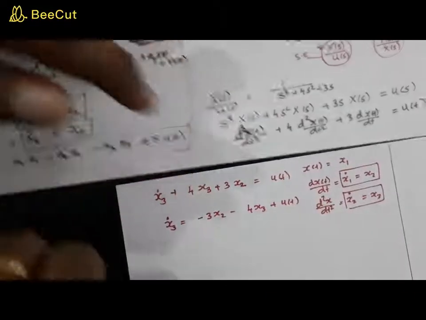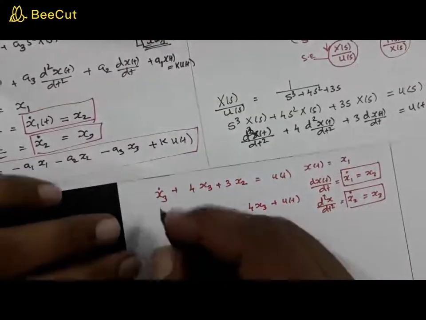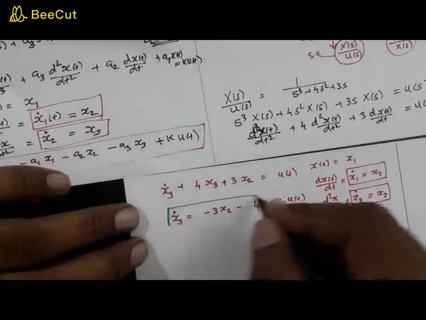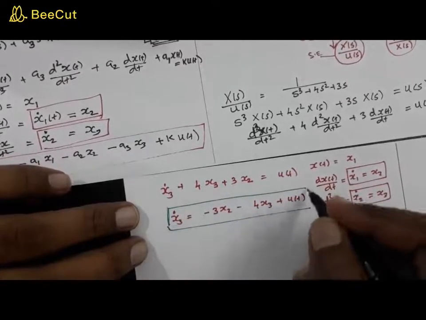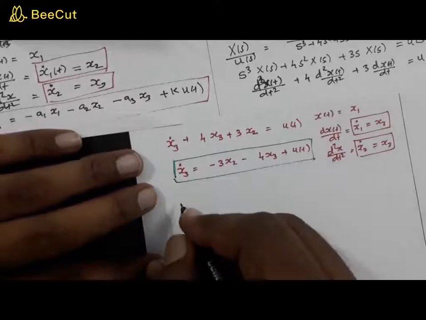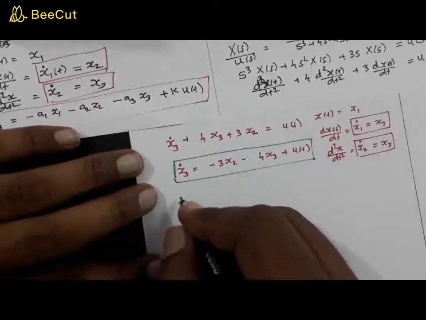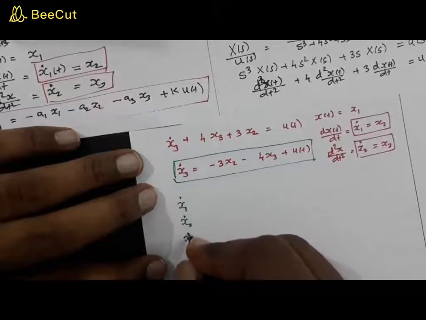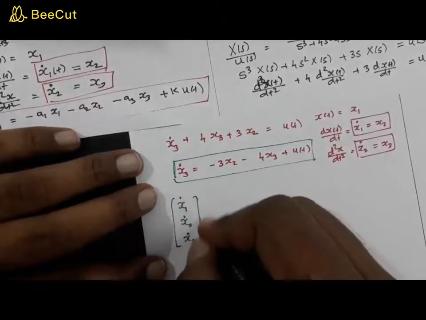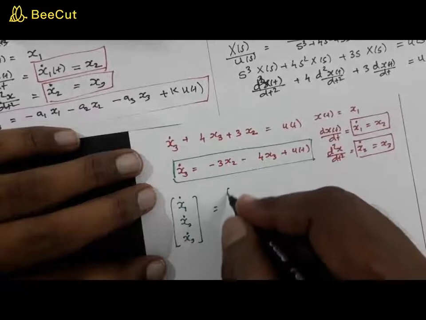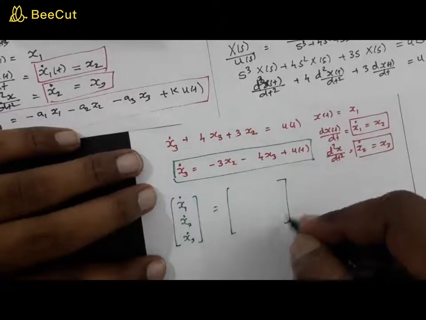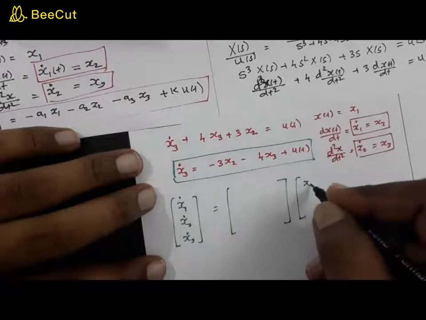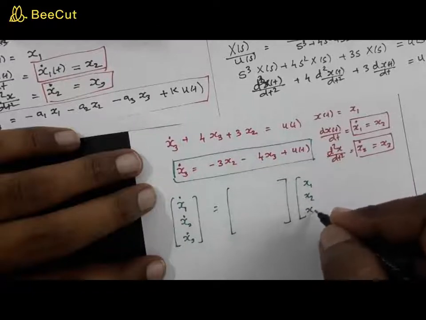So this forms your third state equation. Now you can have the matrix representation: x1 dot, x2 dot, x3 dot, which is a 3 by 1 matrix. You have 3 state variables as expected, x1, x2, x3.